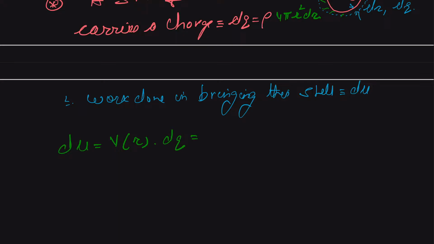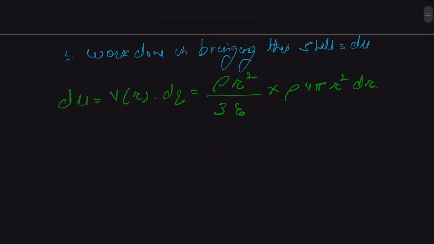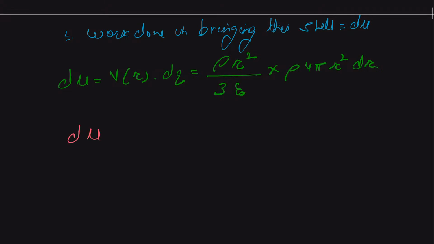So we simply substitute their values. We have rho r square over 3 epsilon naught, and this comes as rho 4 pi r square dr. We can write this as dU equal to 4 by 3 pi rho square r4 dr.